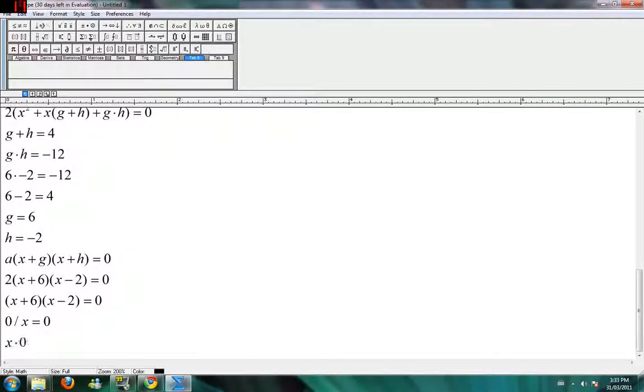When you have this form, it's always equal to 0. So we can again say that x plus 6 is equal to 0, since we divided both sides by x minus 2. So we have x is equal to negative 6, and this would be our x-intercept on a graph, which is also what the quadratic formula will give us.